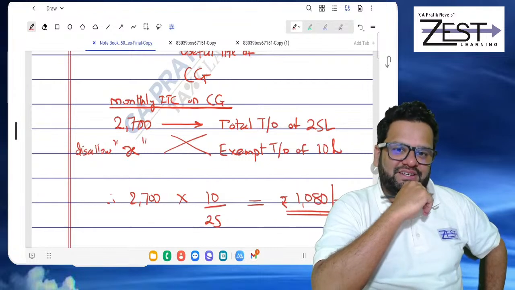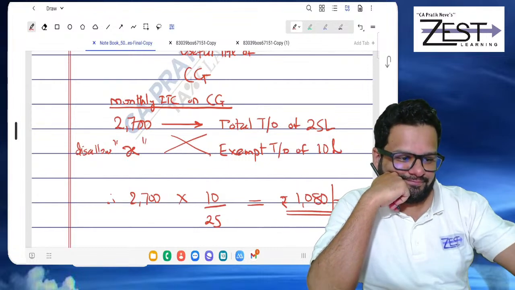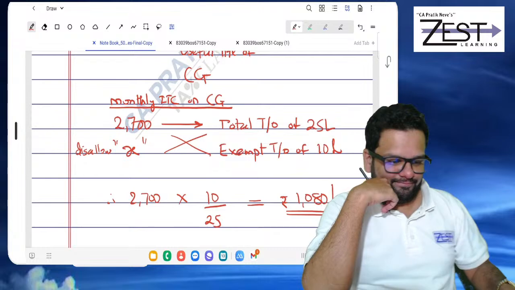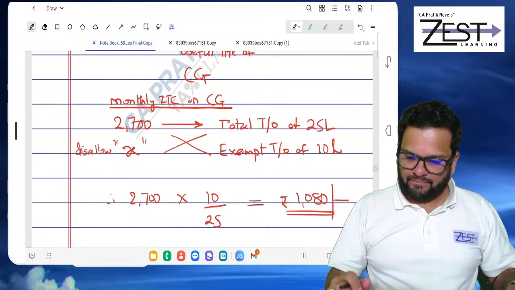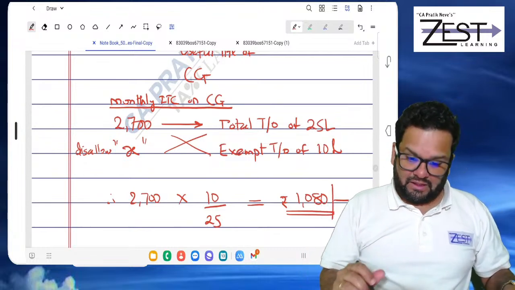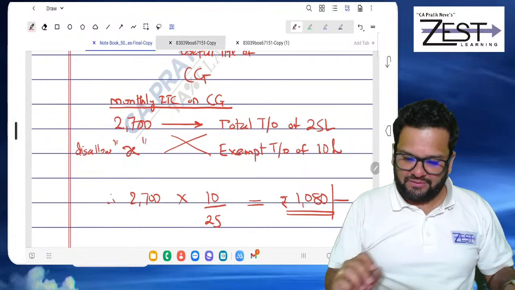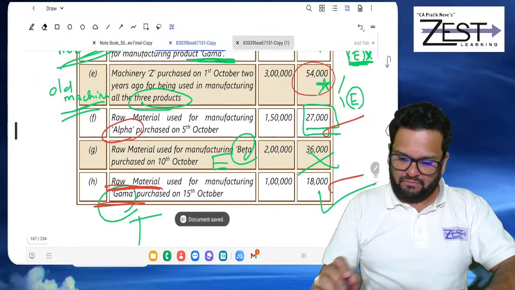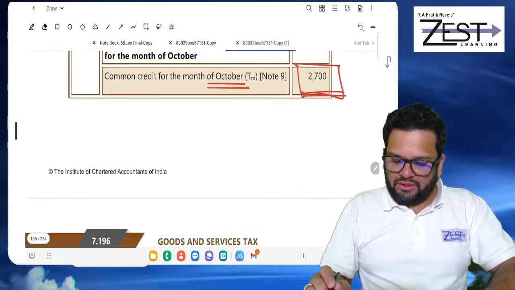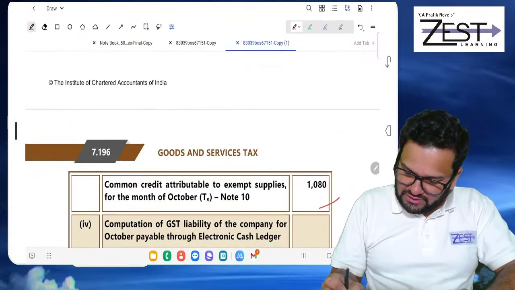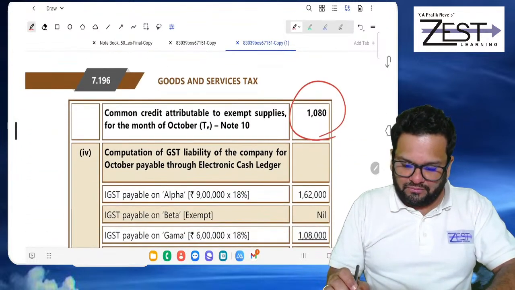Did you all understand? 100%. Ashima ji, did you understand? So if I go here, 1080 will be disallowed.